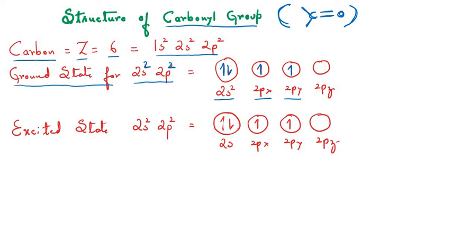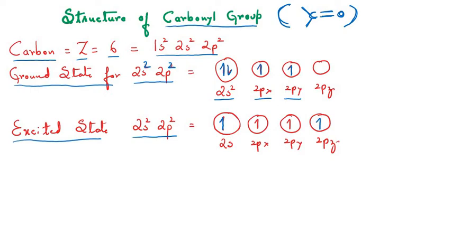In the excited state electronic configuration, we recall the same thing, 2s2, 2p2. But here, students, in the excited state one of the electrons from the 2s orbital, where there are two electrons, one and another, is excited to the unhybridized, empty 2pz orbital.